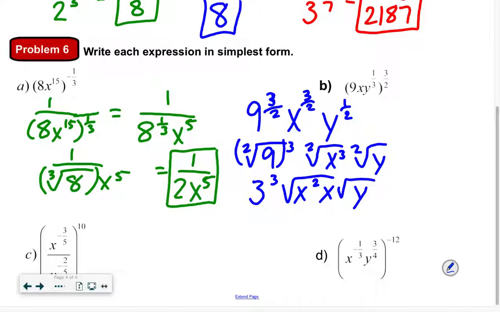Okay, last thing. Simplify. What can I do with my 3 to the 3rd? 27. What can I do with my x stuff? Does it still become x? No, what is it? X. Can I do anything with my leftover x and my leftover y? Nope, so x square root of xy.